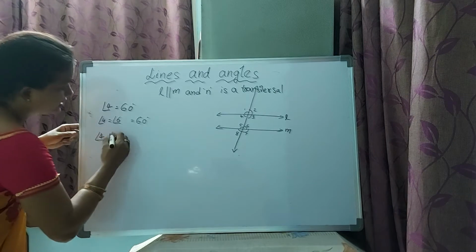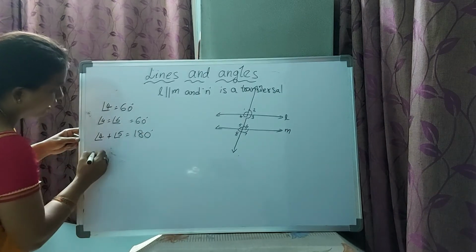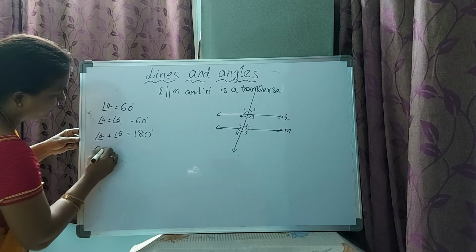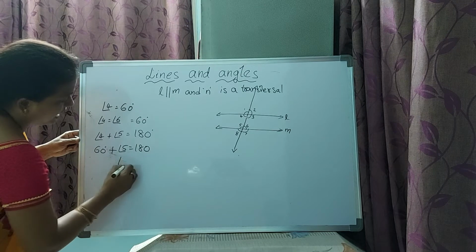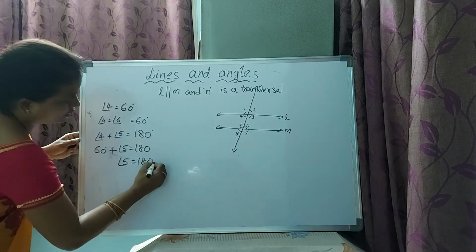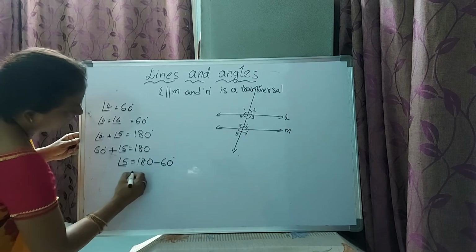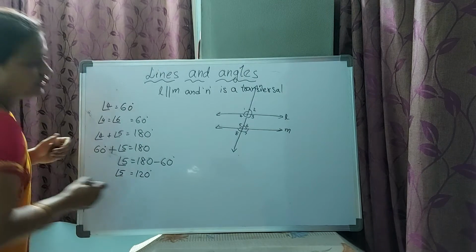Angles on the same side of the transversal is 180. So, angle 4 is equal to 60. Angle 5 is equal to 180 minus 60. If you transpose here, it becomes 120, subtraction. Angle 5 is equal to 120.